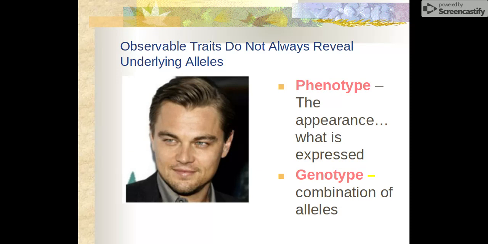Now, just looking at Leonardo here, we don't know, because he could be homozygous dominant and have a widow's peak, or he could be heterozygous and have a widow's peak. Okay, so we don't explicitly know without a little bit more information what his genotype is, but the phenotype, piece of cake. You look at the physical expression and you know.